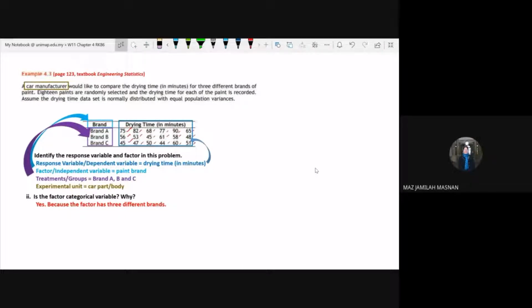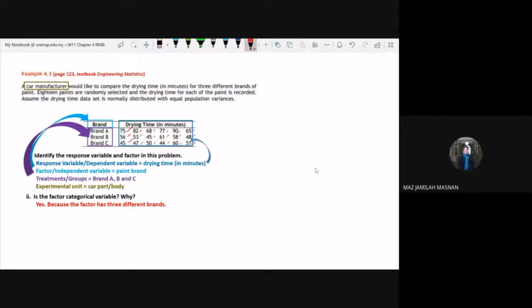Why dependent variable? Because the drying time depends on which type of brand paint that we have in our experiment. Okay, so that's why we call it the dependent variable.